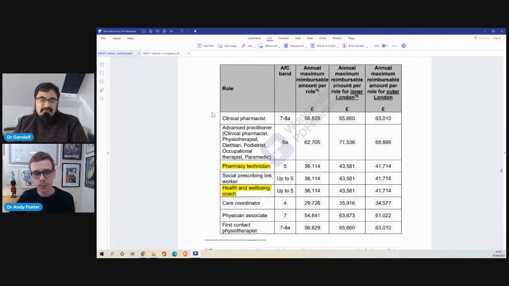I know some primary care networks, in order to obtain clinical pharmacists, because there was a lot of concern about recruiting enough and recruiting the right ones initially, committed to overpay over and above the ARRS amount. And that money is coming from the £1.50 essentially at the moment.